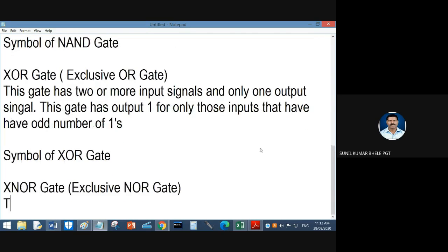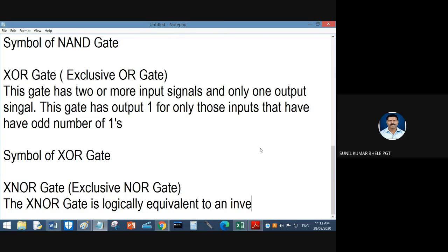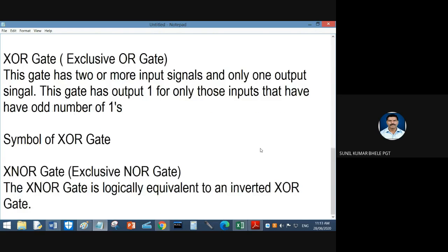So write down that the XNOR gate is logically equivalent to an inverted exclusive OR gate, XOR gate actually. So an XOR gate followed by a NOT gate.